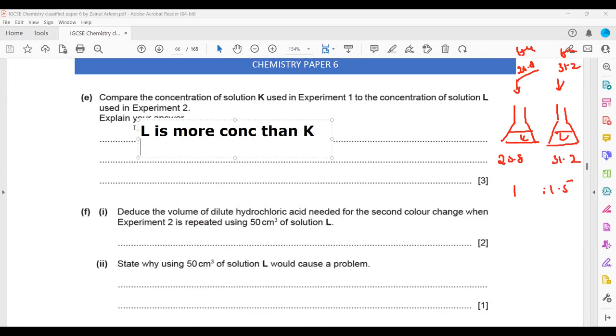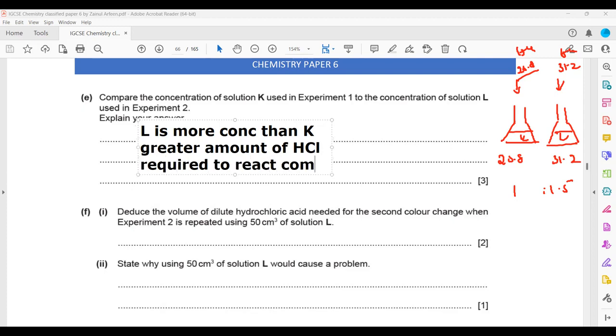And how do you conclude that? Because a greater amount of HCl is required to react completely with L compared to K.